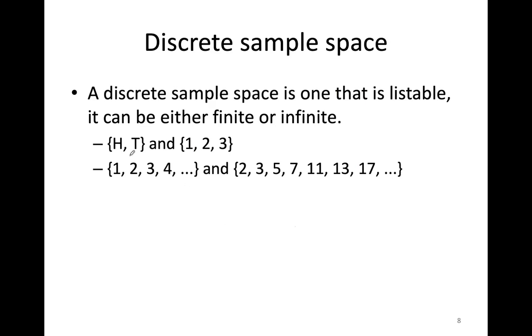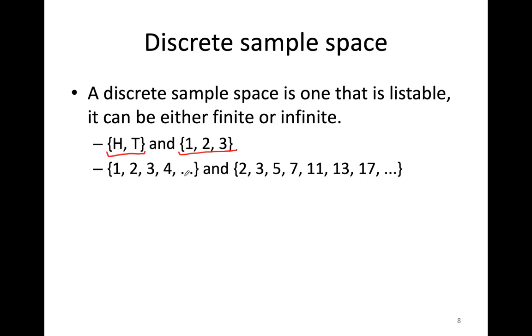These are some sample spaces, discrete sample spaces. They might be finite. We know them: only 2 possible outcomes, 3, or 5 possible outcomes. In some cases, it might go towards a very high value.